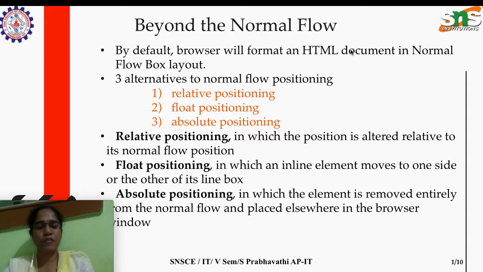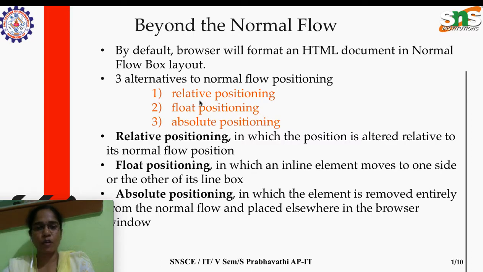We have three options to alter the normal flow positioning of the HTML elements by the browser. One is relative positioning, second is float positioning, and third is absolute positioning. Using these three alternative positionings, we could display the HTML elements in a different flow rather than normal flow layout.